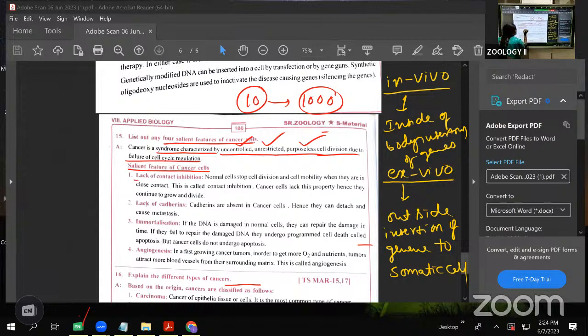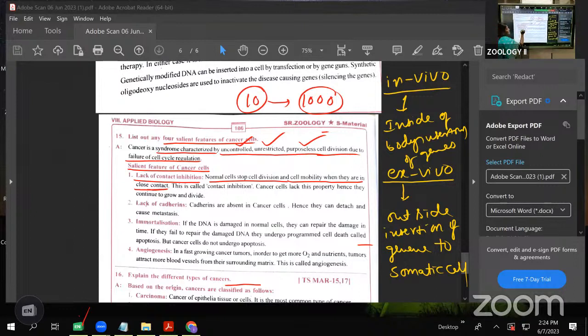Next, what are the features? First, lack of contact inhibition. What it means is that normal cells stop cell division and cell mobility when they are in close contact. When they are closely in contact, cell division does not occur.